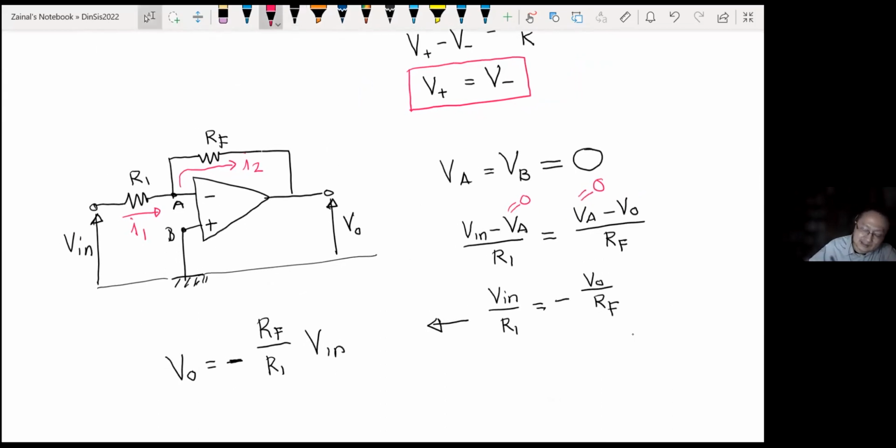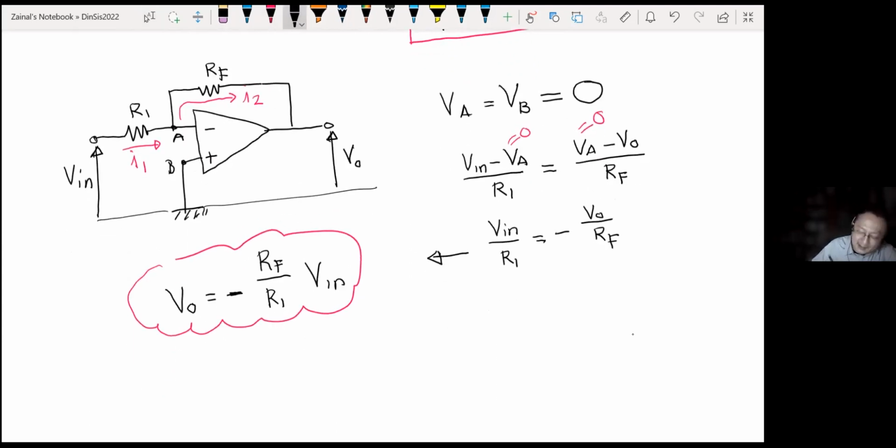Okay, this one is the relationship, right? Now, if, for example, you choose Rf equal to R1, then what happened? Vo is equal to minus Vn.